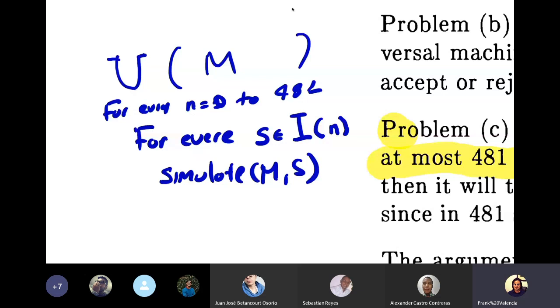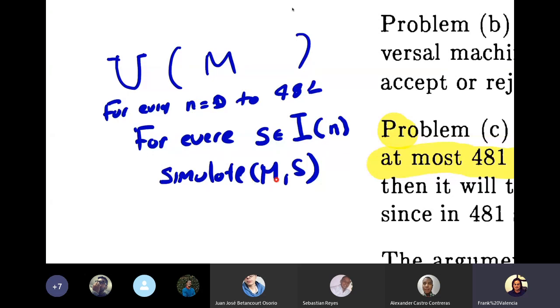So it's going to simulate this machine on every possible input of size n equals 1, n equals 2, n equals 3, n equals 4. For every case, this set is finite. So this is a finite number of iterations. This is another finite number of iterations.